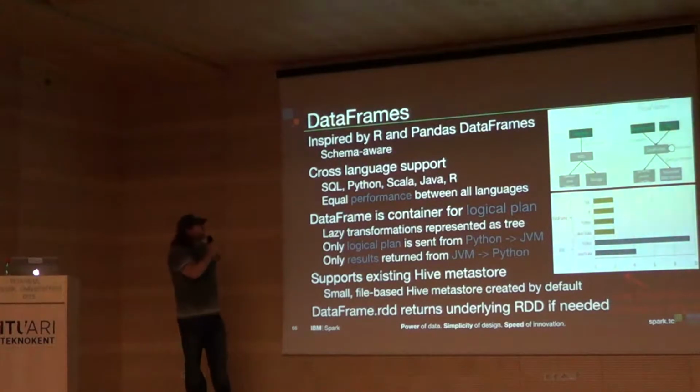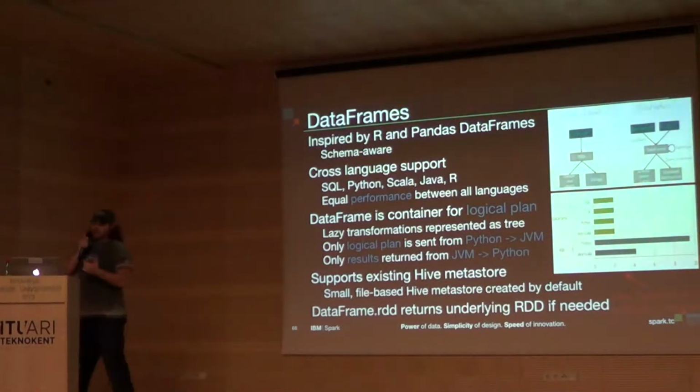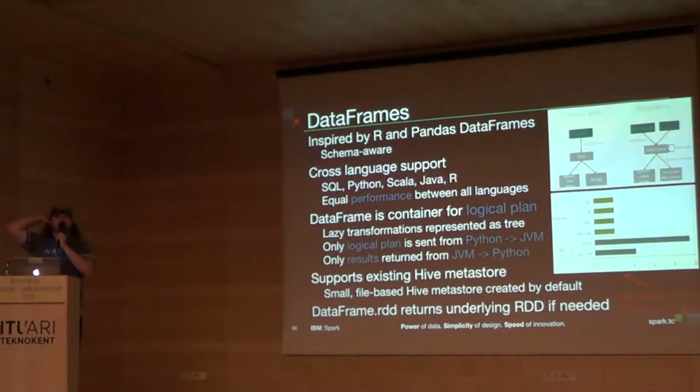So, yeah, also data frames, and this is true of Spark SQL in general, support an existing Hive metastore. At Databricks, there was one customer of ours whose Hive metastore, so just for those that don't know, let's say that there's a log directory, right? A directory of CSV files, or JSON files.